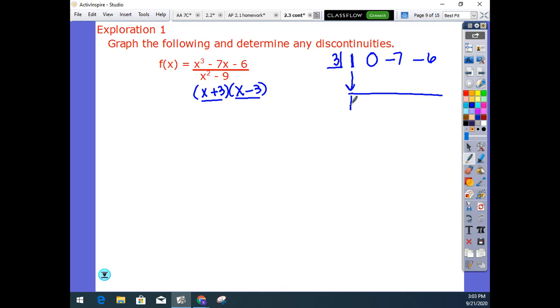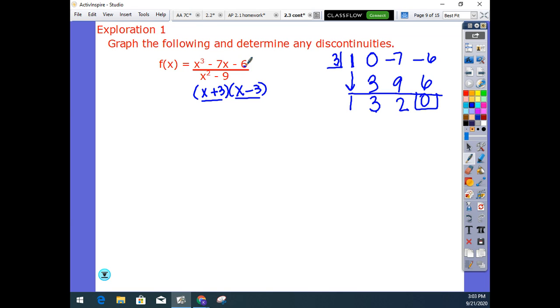First step is I'm going to drop the first coefficient straight down. Then I'm going to multiply 3 times 1. Then add. 3 times 3 is 9. Add. 2 times 3 is 6. And if you get a remainder of 0, you know that x minus 3 goes into this polynomial.